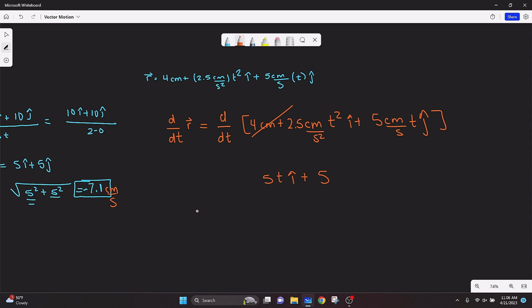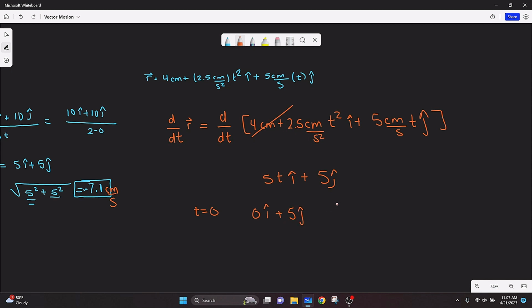And so at t equals 0, this is j hat, we want to know the magnitude? Find the magnitude and direction, yeah. So the magnitude here at t equals 0 is going to be, we get 0 I hat plus 5 j hat at t equals 0.